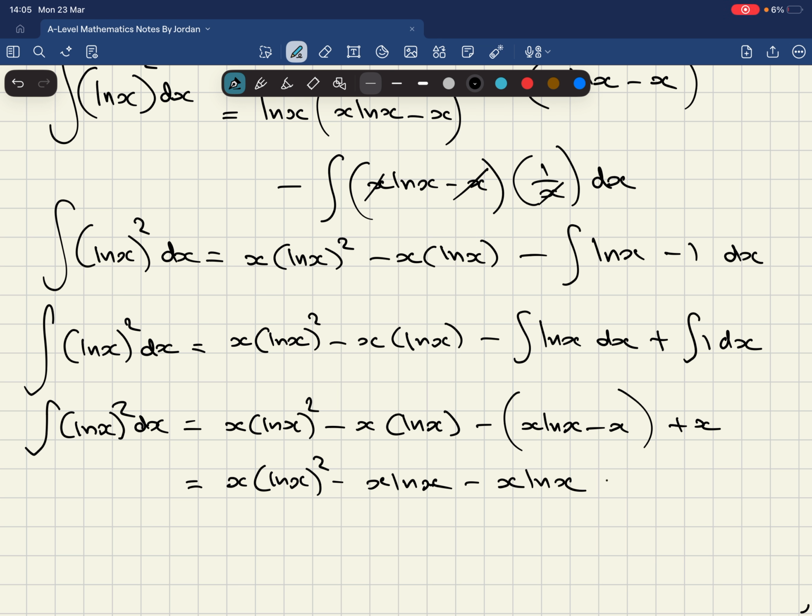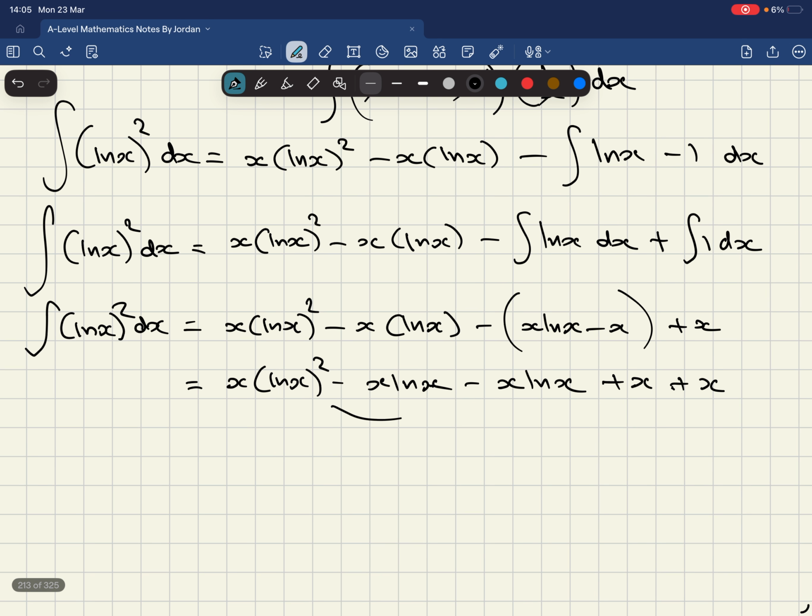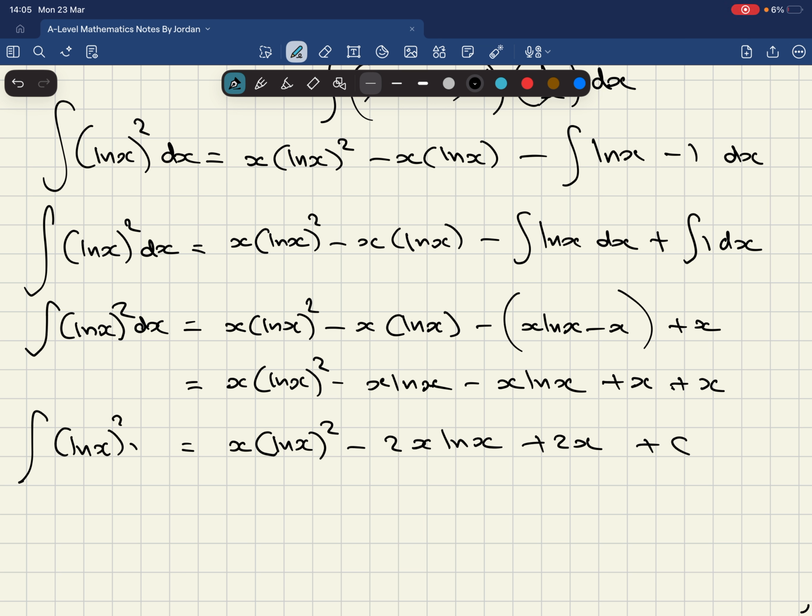And then you've got plus x from that bit, and then plus x there. Let's put both of these bits together. So that's minus 2x ln x, and then here you've got plus 2x on the end. And now I'll add plus c. And that's the answer. You could, if you wanted to, factorise out x if you wanted.